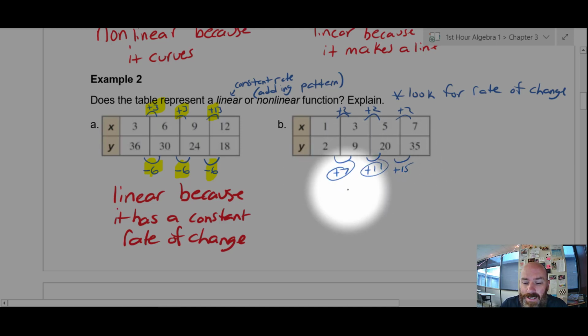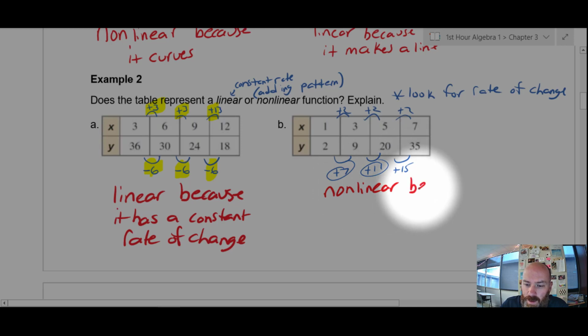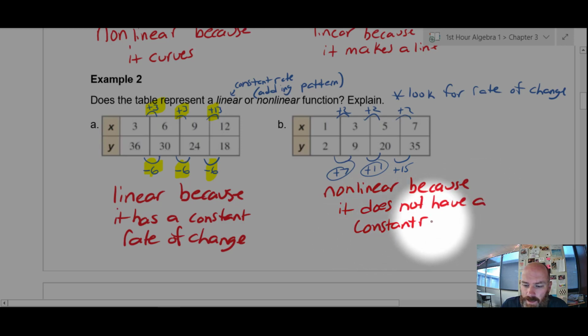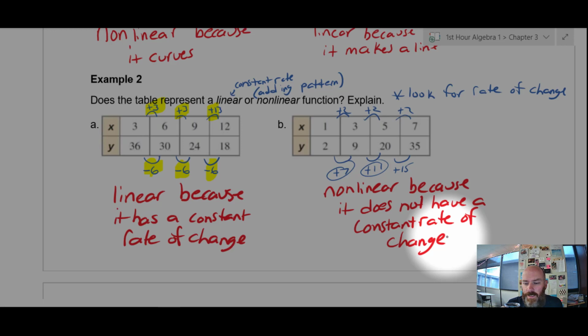Notice we're not adding the same thing every time, so this is nonlinear because it does not have a constant rate of change. Remember, at any point you can pause the video, go back to rewrite something just to make sure you stay caught up.